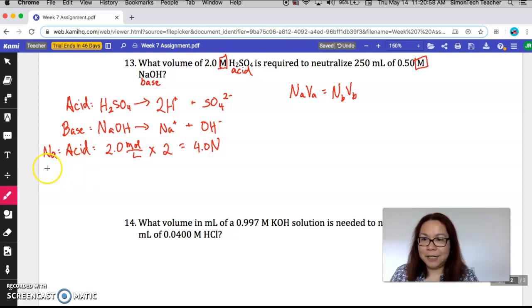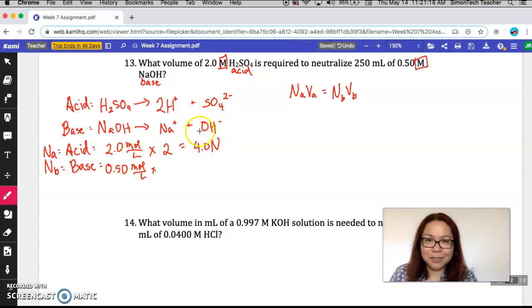Now, let's try to figure out the normality of the base. Going back to this, now we're going to take the molarity of the base, which is 0.50 moles per liter, times how many moles are there of the hydroxide here? No coefficient. That tells you there's only 1 ion for every sodium hydroxide. Therefore, it is 1 for that one. And that gives you the answer of 0.50 normality for the base.